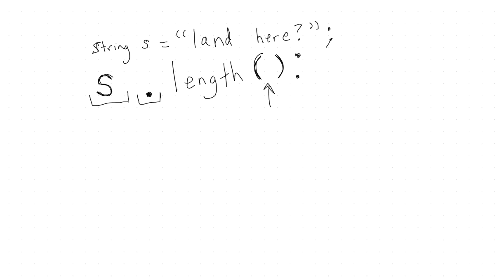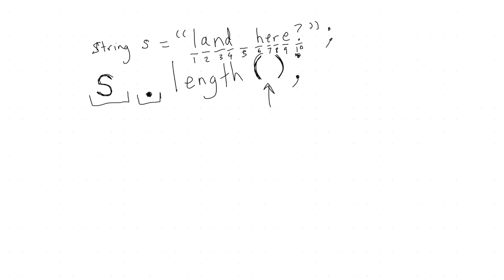So one string method is length. This will count how long your string is, including white spaces. So if we look at this, L, A, N, D, space, H, E, R, E, question mark.